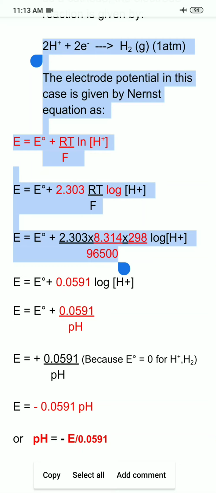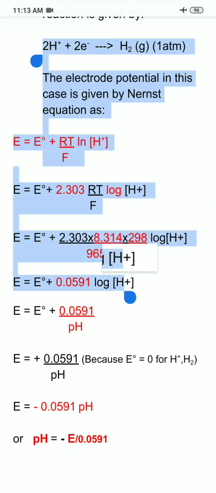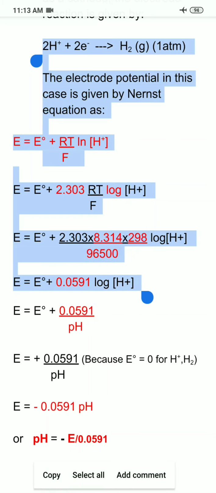So on solving this, we get E is equal to E naught plus 0.0591 log H positive, because this whole term comes out to be equal to 0.0591.